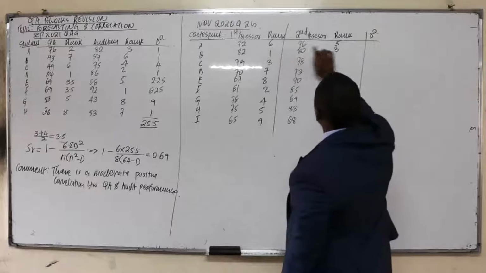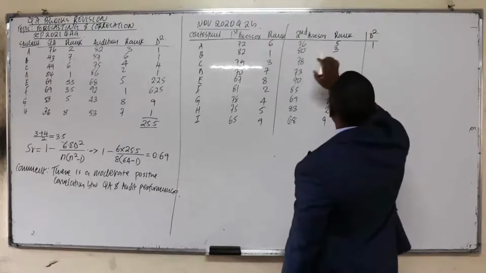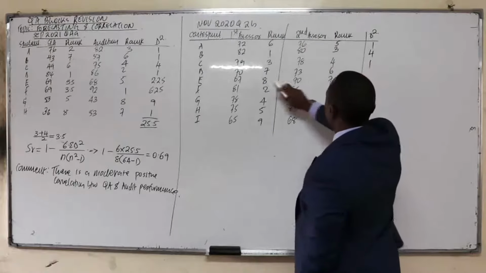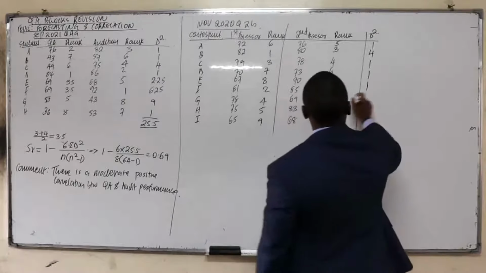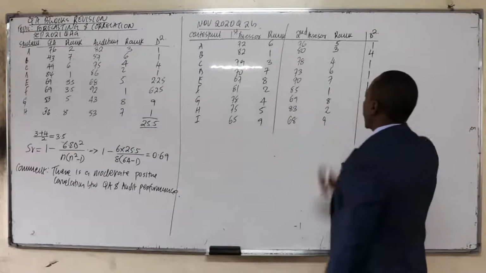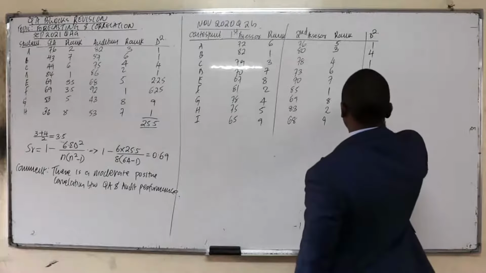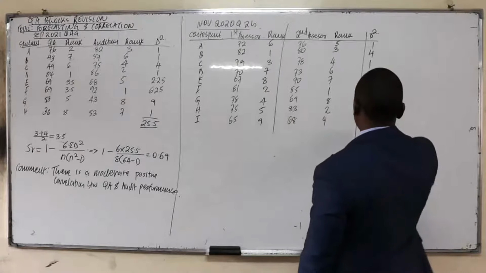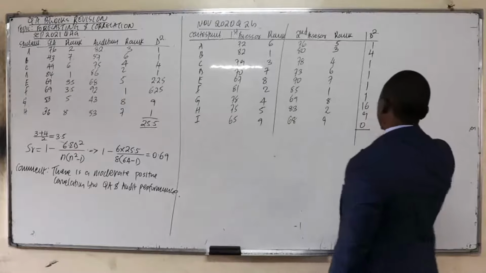This is number 6, this is number 5. The difference is 1, 1 squared you get 1. The difference is 2, 2 squared you get 4. The difference is 1, the difference is 1, the difference is 1. 4 and 8, that means there was a very huge difference. 4 squared, you get 16. The difference is 3, 3 squared you get 9. Then 0, 0. So give me the total.